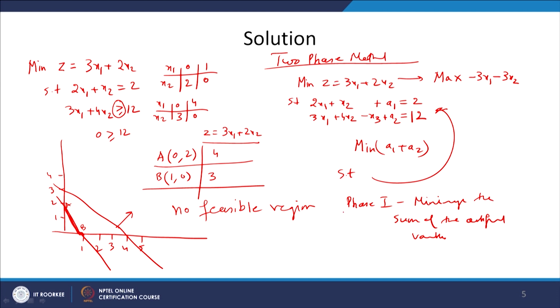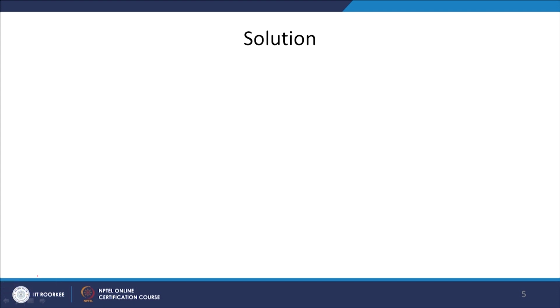So, therefore, in the first phase we will set aside the given objective function and minimize the sum of the artificial variables. So, now we are ready to solve this again with the help of phase 1. So, let us write the basis.